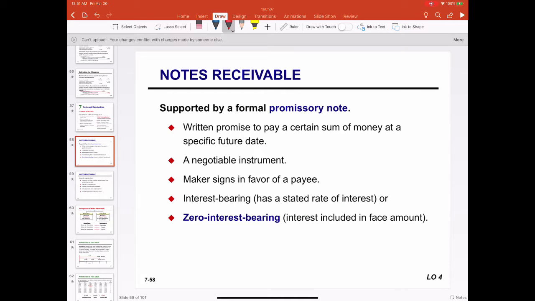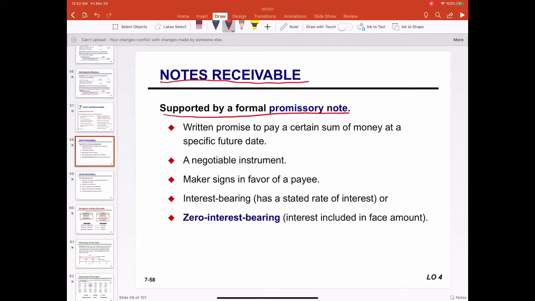In this part, I'm talking about the valuation of notes receivable. Notes receivable are different from accounts receivable because they are supported by a formal promissory note.